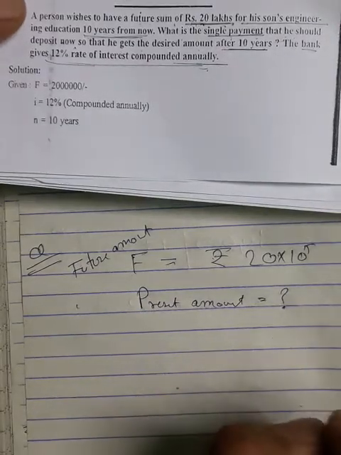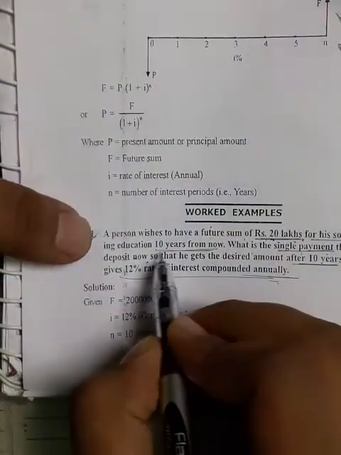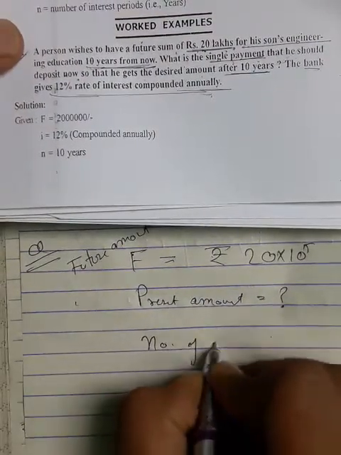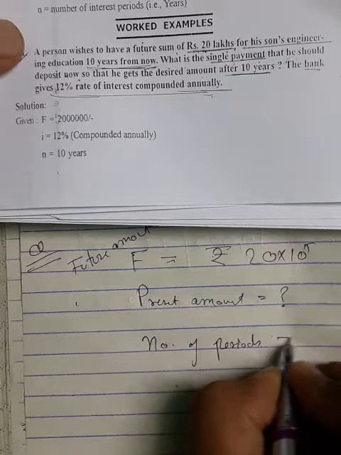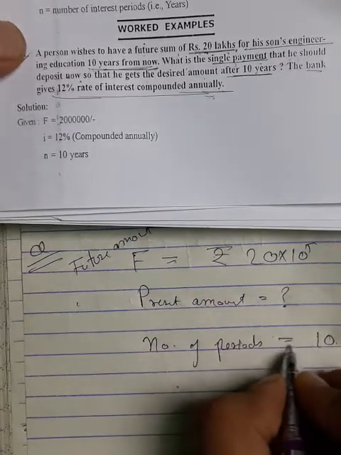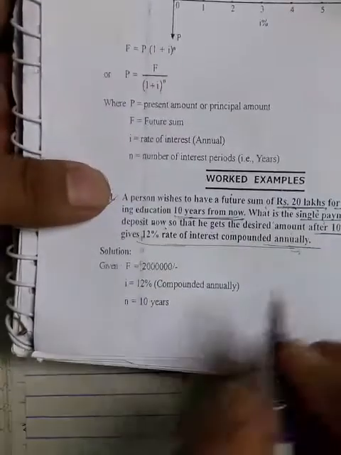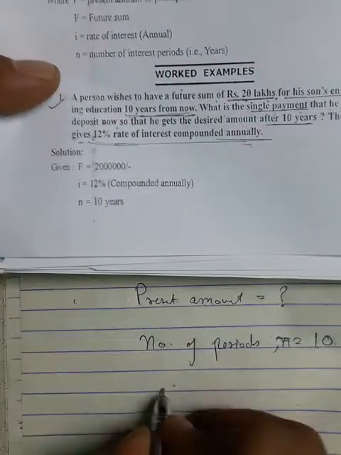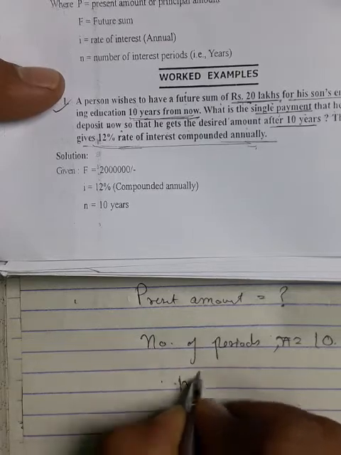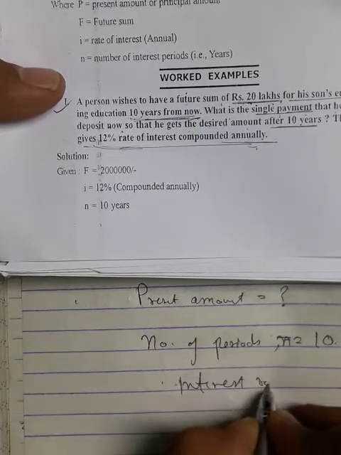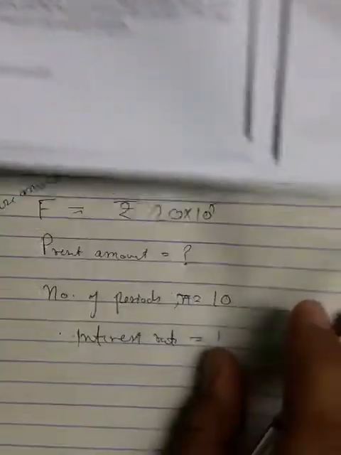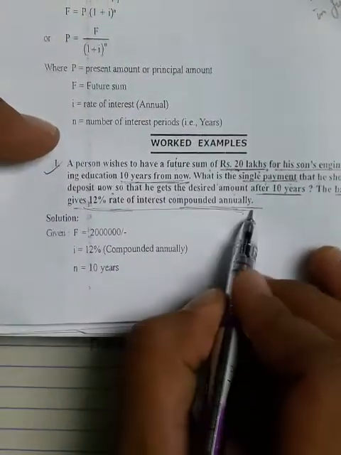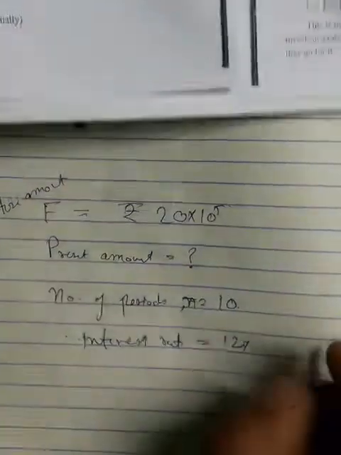Further, 10 years from now, so the number of periods n is 10, and the interest rate is 12%. Compounded annually is also a very important line here.